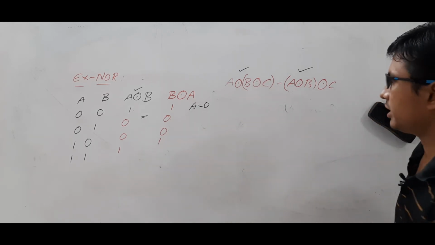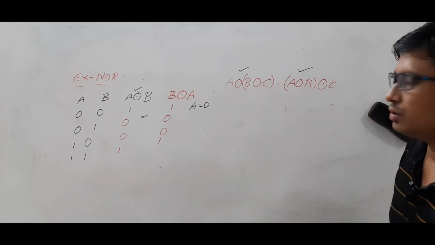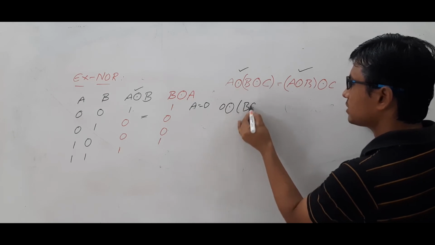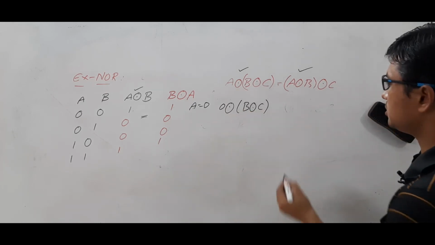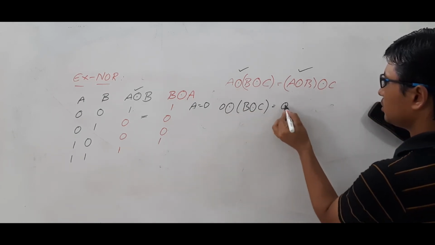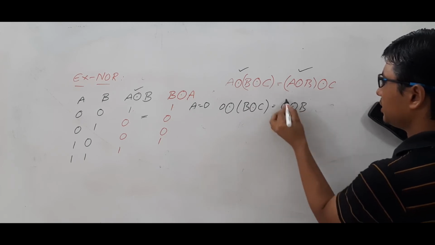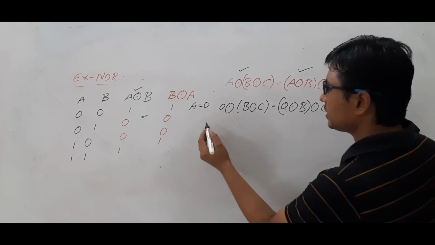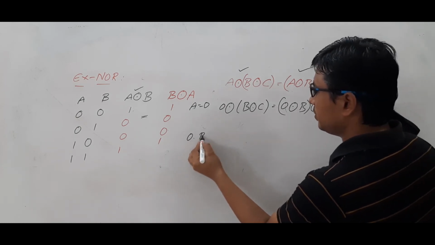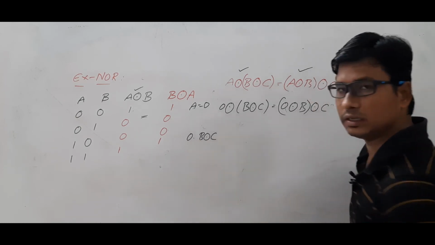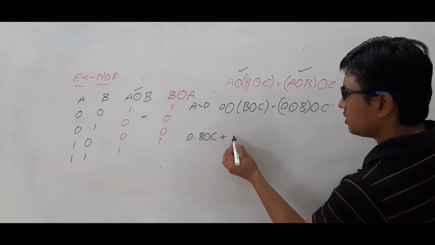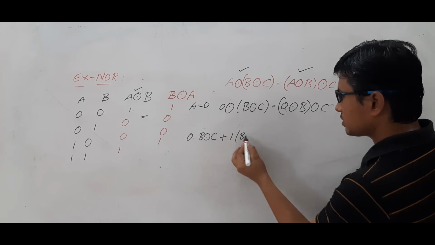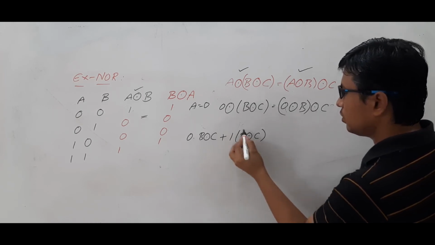If the A value is 0, then 0 exclusive nor B exclusive nor C is equal to 0 exclusive nor (B exclusive nor C). Now this can be written as 0 and (B exclusive or C), or 0's complement, which will be 1, and (B exclusive nor C) whole complement.